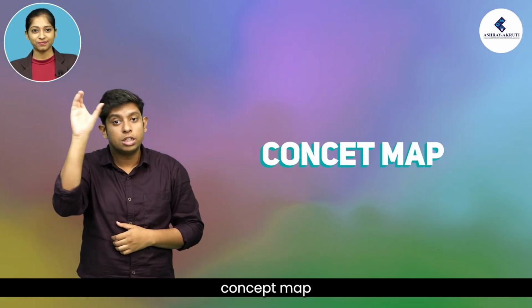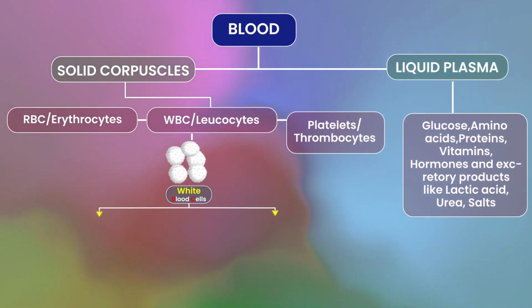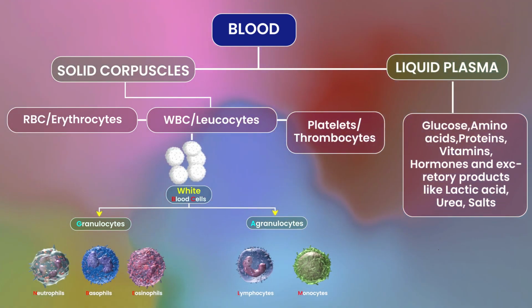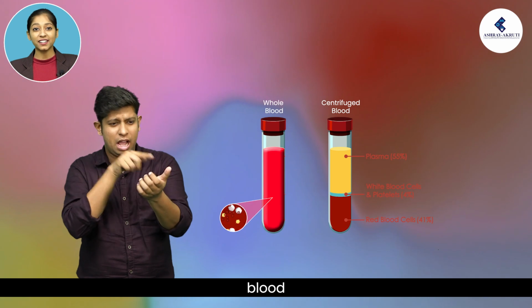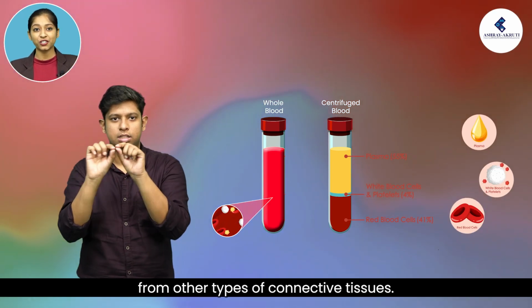Concept map. Blood. It differs from other types of connective tissues.